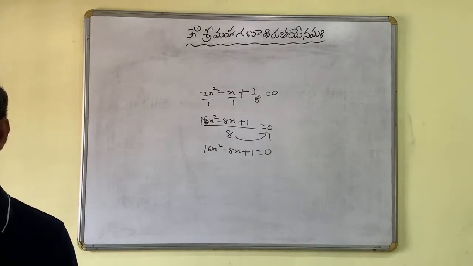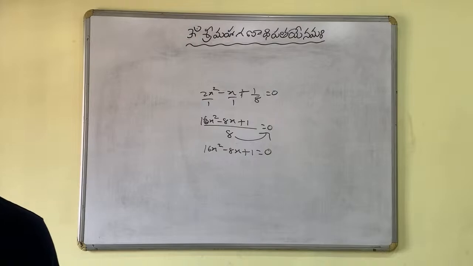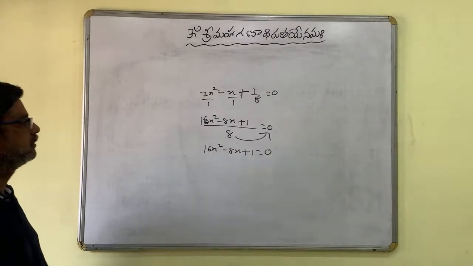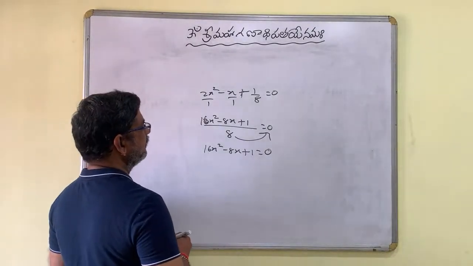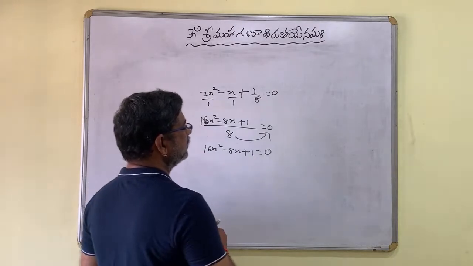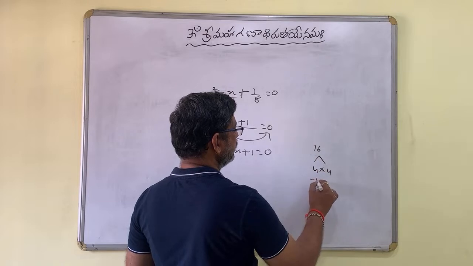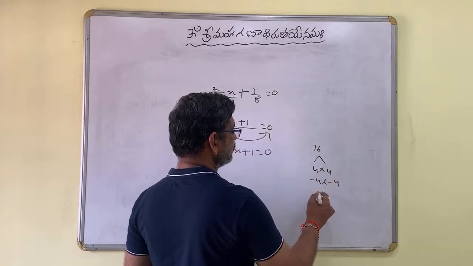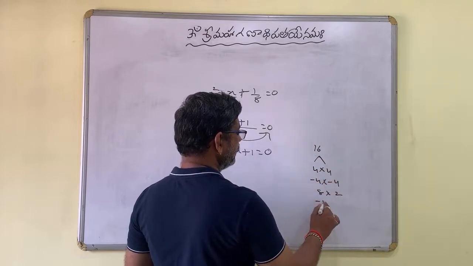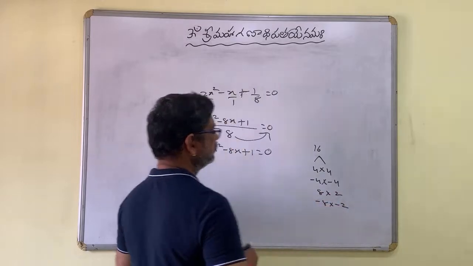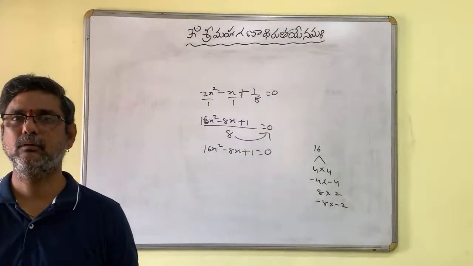Now do the splitting the middle term. We can generally have 16 into 1, 16. So 4 4s are 16, negative 4 into negative 4, 8 2s are negative 8 into negative 2, and so on.